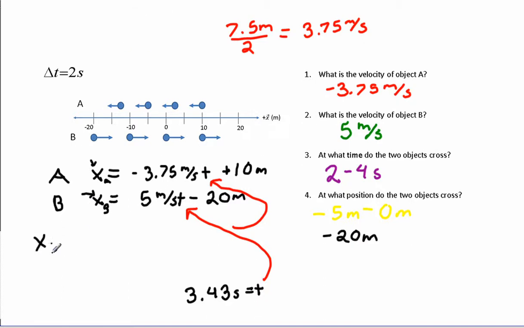So I'll use B's equation because it's a little prettier without the decimal. 5 times 3.43 seconds minus 20 meters. Just plug that in your calculator, and lo and behold, it is between -5 meters and 0 meters. We get the exact position of -2.85.